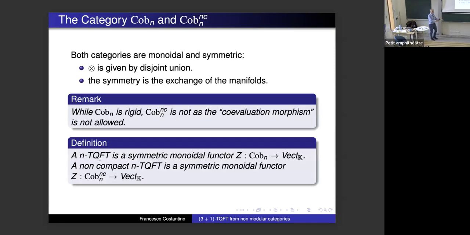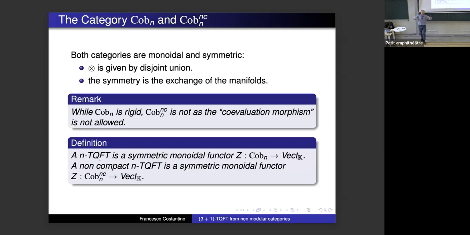Both these categories, be it Cob_n or Cob_n non-compact, are monoidal and symmetric. The monoidal product, the tensor product, is just the disjoint union, and the symmetry is just the exchange. So there's nothing surprising. If you've worked with Cob_n, you should not be scared of Cob_n^nc. But the only difference, which actually makes a big deal, is the fact that Cob_n is rigid, namely for every object, you can always find the dual of the object, which is just the same manifold with the opposite orientation.